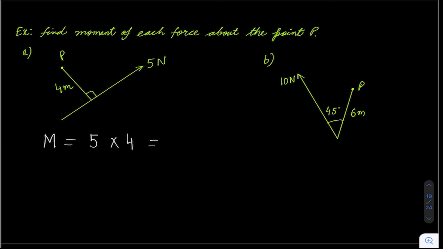So 5 into 4 is 20 and my unit is newton meter. And what's the direction? This force will try to turn the object about point P in this direction, and this is nothing but anti-clockwise.